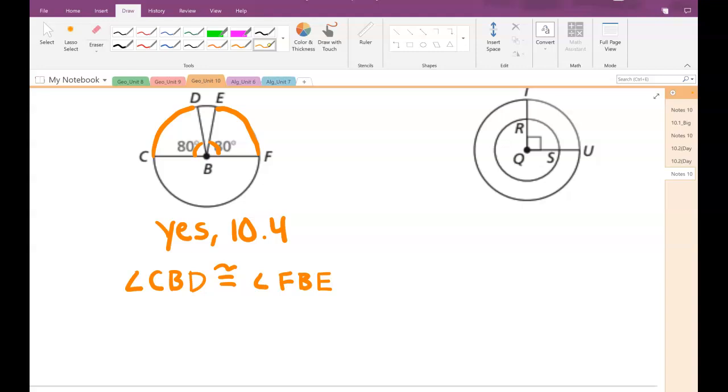Those two angles are congruent, so then you could say arc CD is congruent to arc EF, or FE. Just a short and sweet justification as to why.